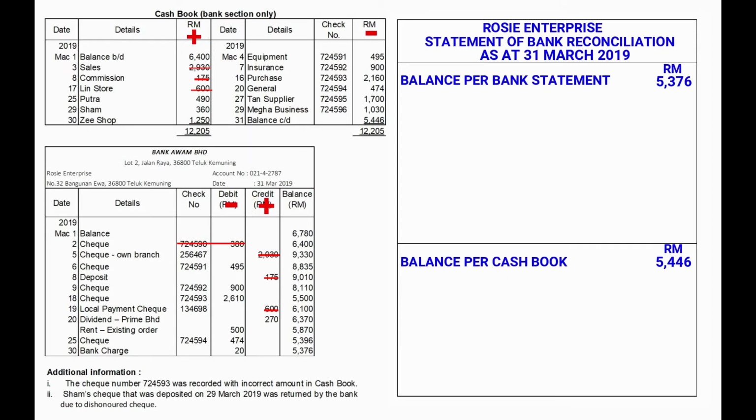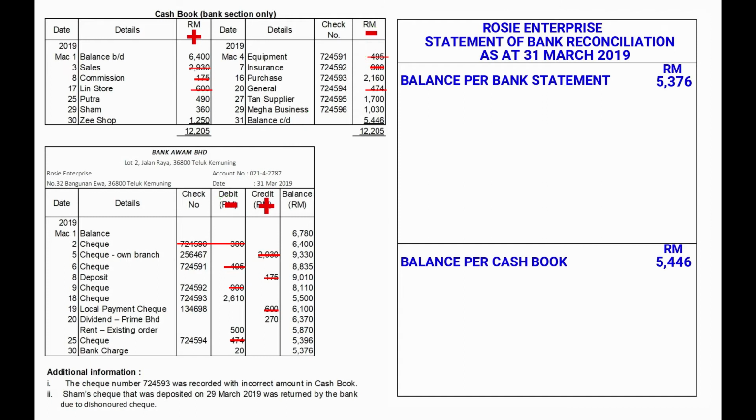Then, match the payment recorded in the credit side of cash book with the debit side of the bank statement. Tick or cross the items appear in both cash book and bank statement.